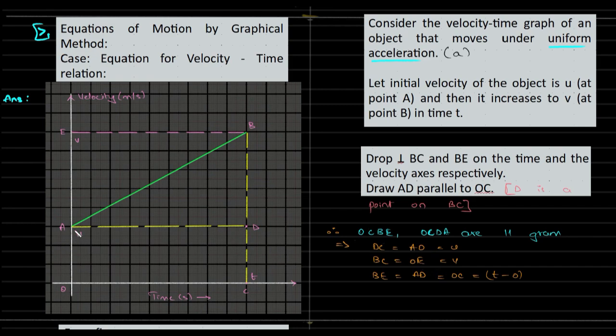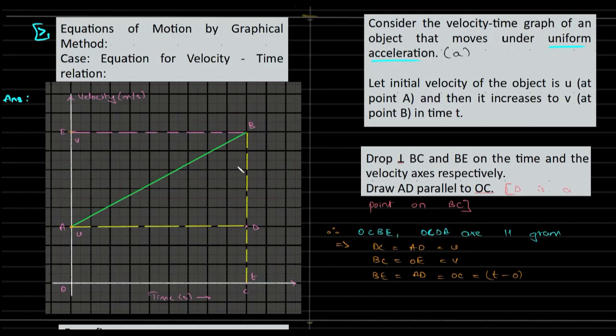DC, that is AO, is equal to your U, because it's a parallelogram, is it not? So opposite sides are equal. And the height of this would be U. BC, where is BC? BC is this entire length. That would be equal to OE. That will be equal to V. Right? It's the length along the y-axis, and that would be equal to V.